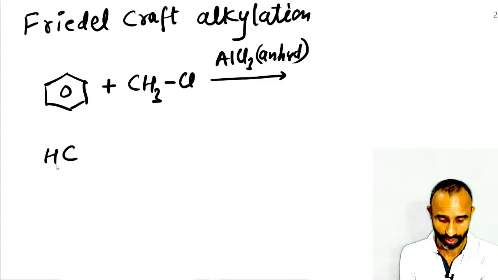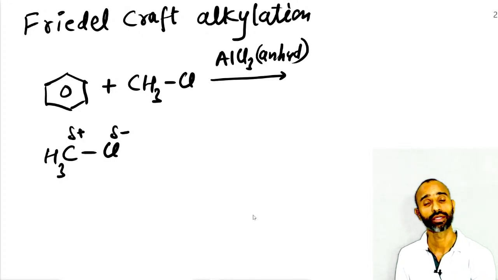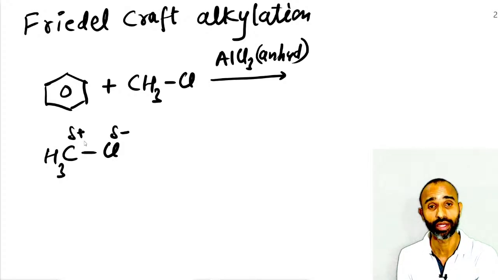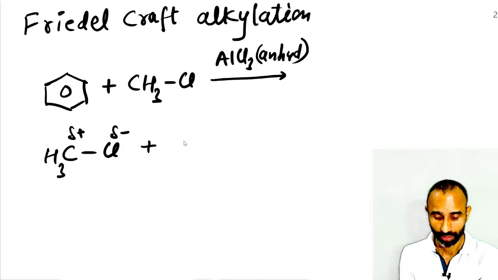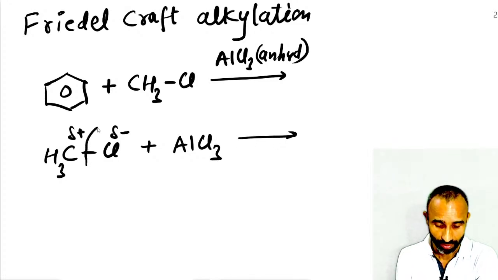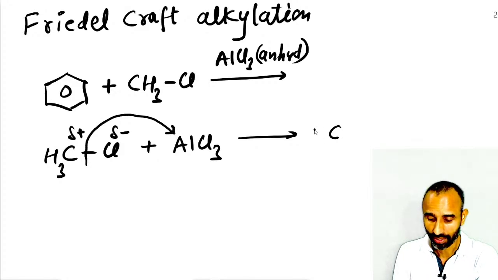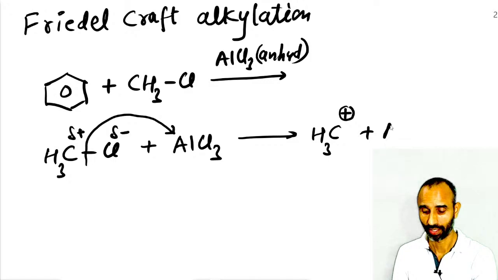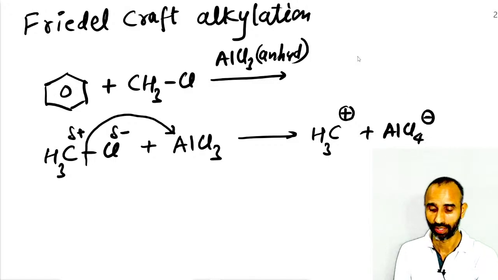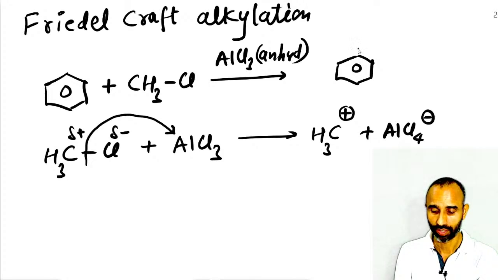Here Cl is negative and carbon is positive. So it reacts with AlCl3, AlCl3 takes this Cl negative, and therefore we get carbocation along with AlCl4 negative, and therefore there is a formation of methyl benzene that is called toluene.